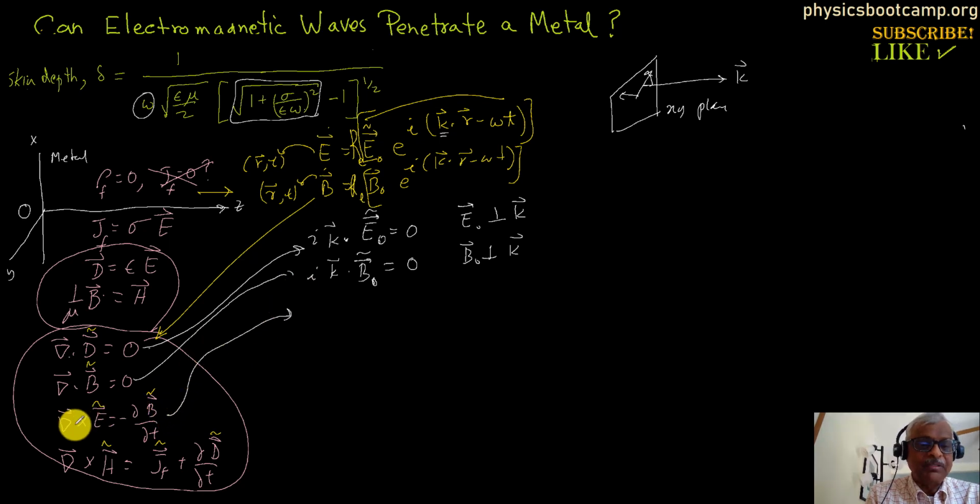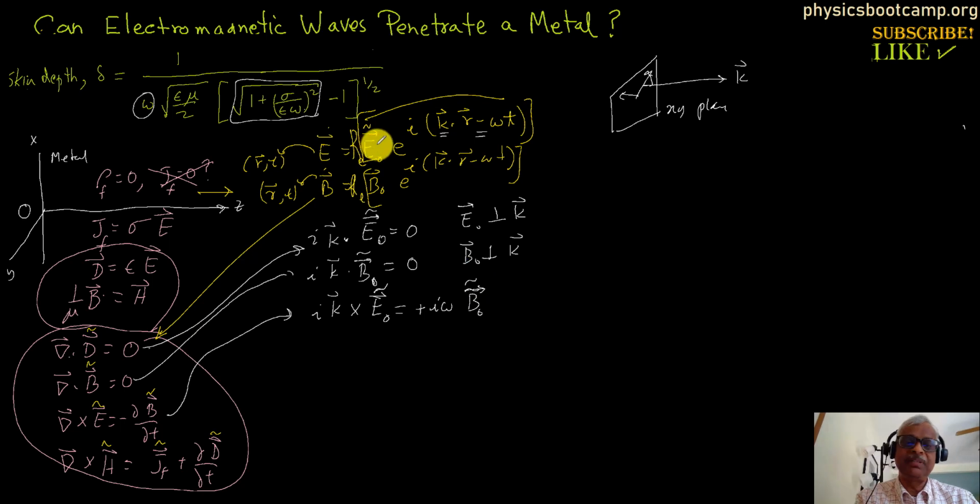How about this one? This one says i k vector cross E0 tilde, too fast. Sometimes I get excited and write too fast. It becomes plus, because when I take a derivative, this brings a minus i omega, times B0 vector tilde.